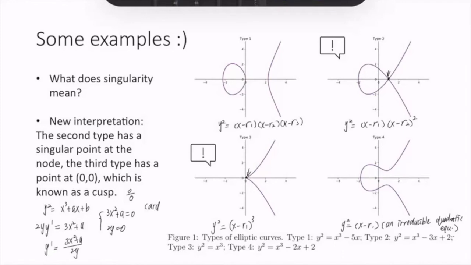This would be a possible way to do it, and we would derive something that is related to this. Or in the other way, we could just see that 27b squared plus 4a to the third is equal to 0.